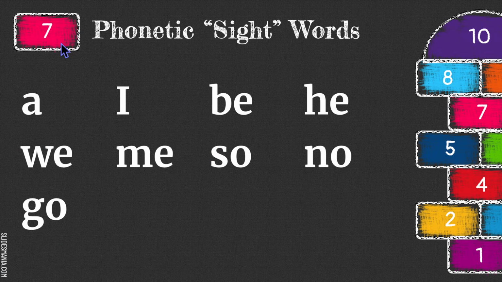Let's start lesson 7 with reviewing some words that are actually phonetic, but that schools like to call sight words. These are not actually sight words because every one of these words can be sounded out using the rule that the vowel at the end of a word uses its long sound.